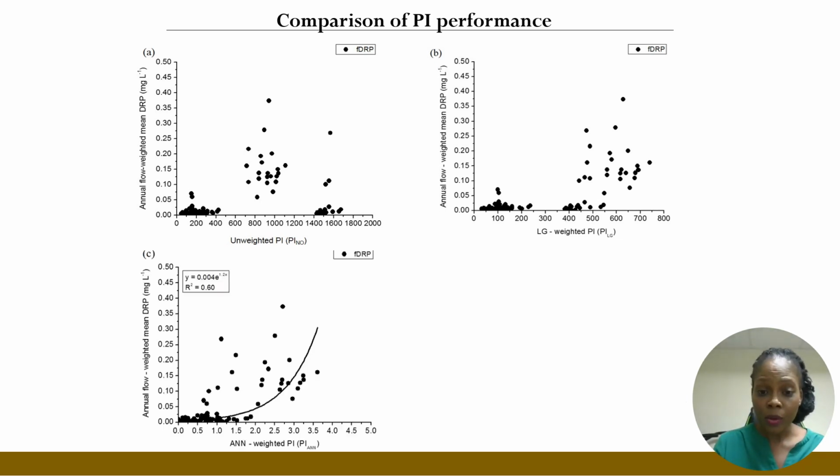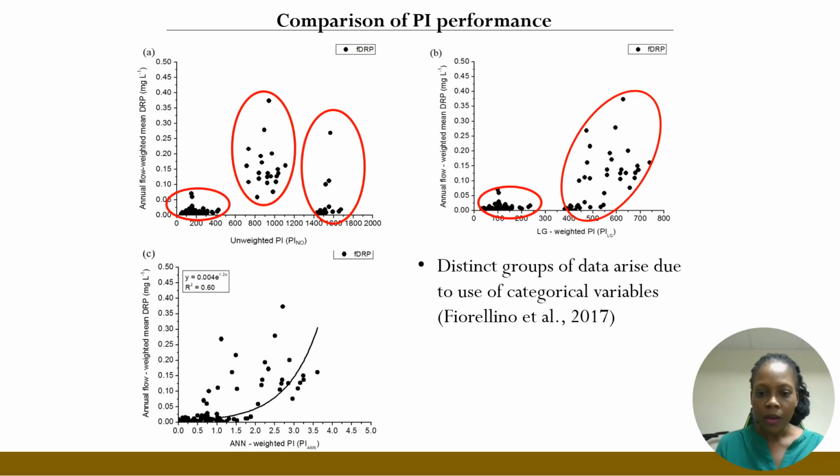And this is what we did when we used the artificial neural network. And as you can see, it greatly improved the relationship between index values and the measured phosphorus loss in runoff. When we look at the first two figures, we can see distinct groups of data, and these distinct groups of data arise due to the use of categorical variables in the phosphorus index.